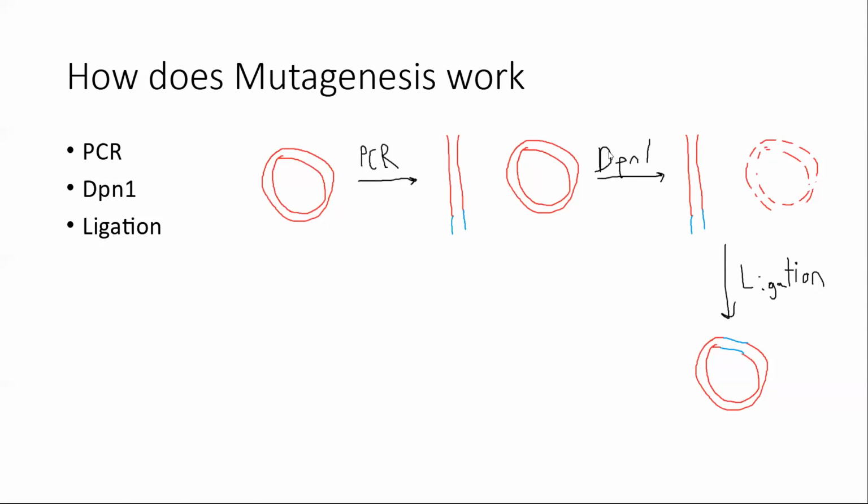So if you use a DH5 alpha E. coli for the plasmid or vector expression, that is going to create a methylated DNA plasmid, and that can be cut up by DpnI.